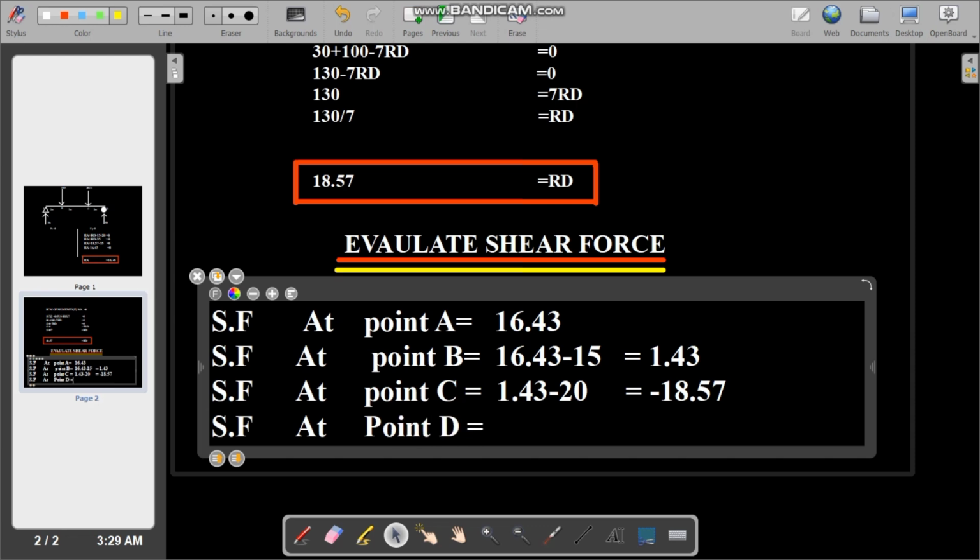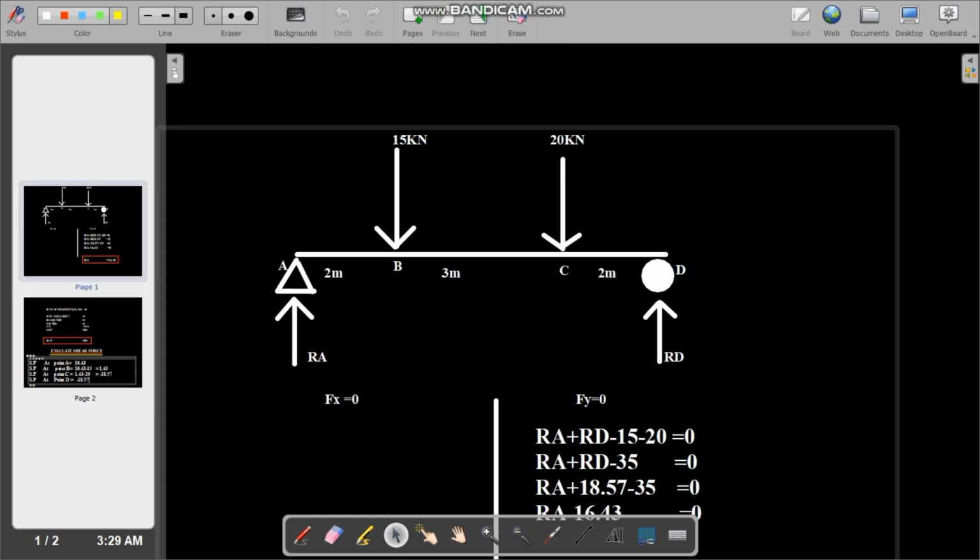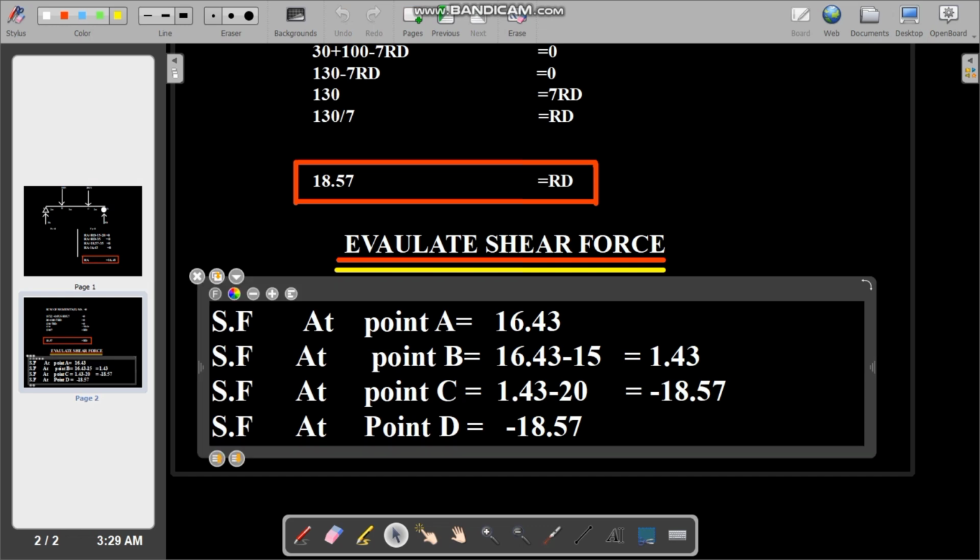We take the continuing value, minus 18.57, and we have already found the RD value. It's a plus because it's going upward. Minus 18.57 plus 18.57 is equal to 0.